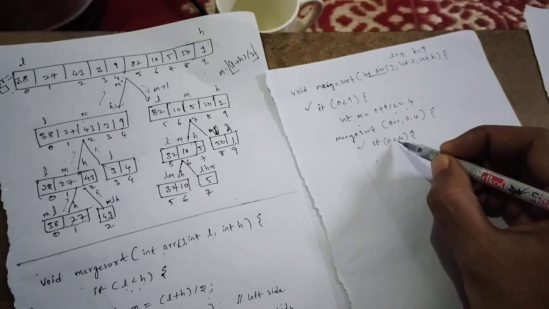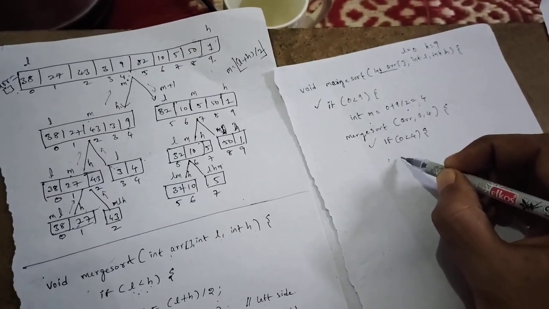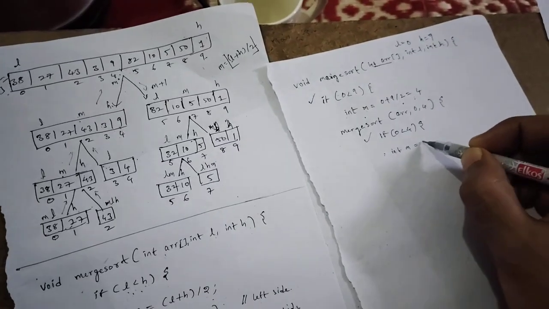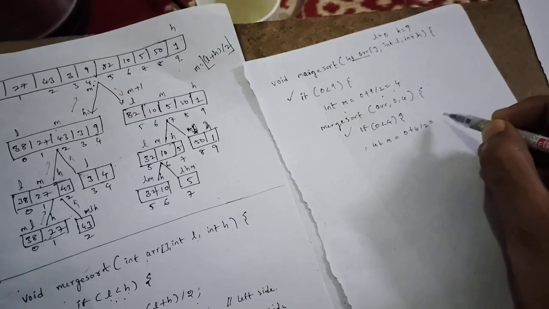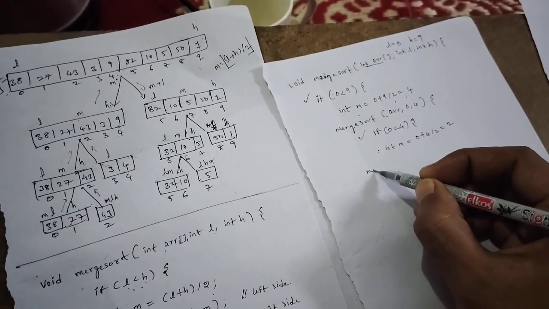So if 0 is less than 4, int m equals 0 plus 4 by 2, equals 2. So it calls itself again.